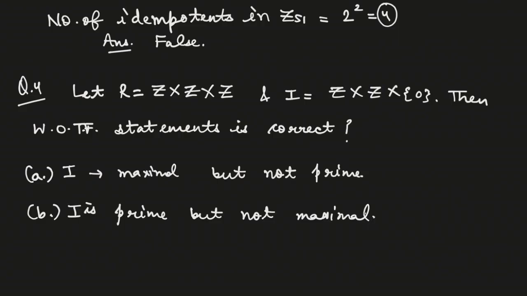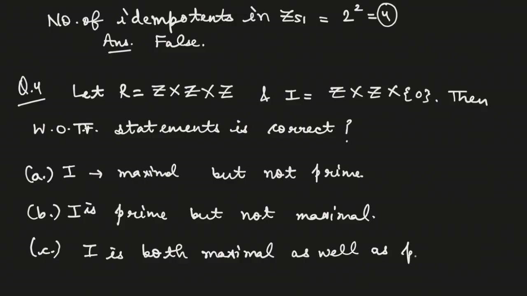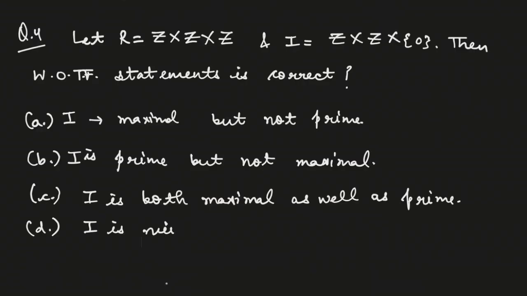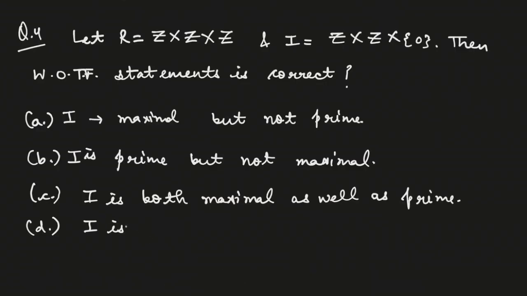C part, I is both maximal as well as prime. D part, I is neither a maximal ideal nor a prime ideal.